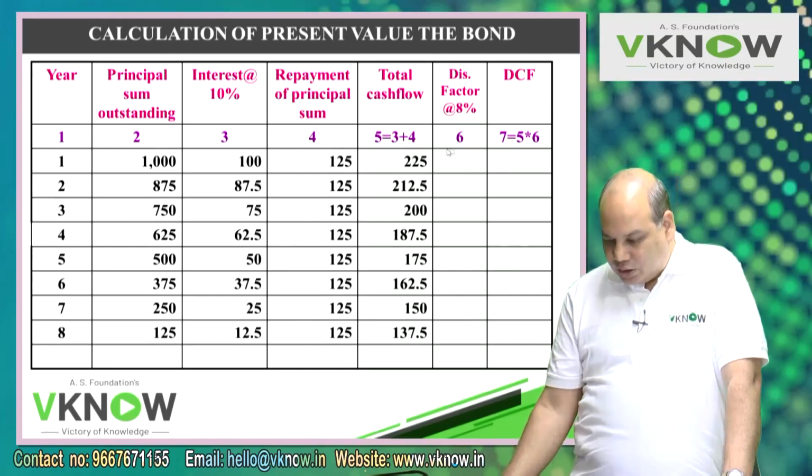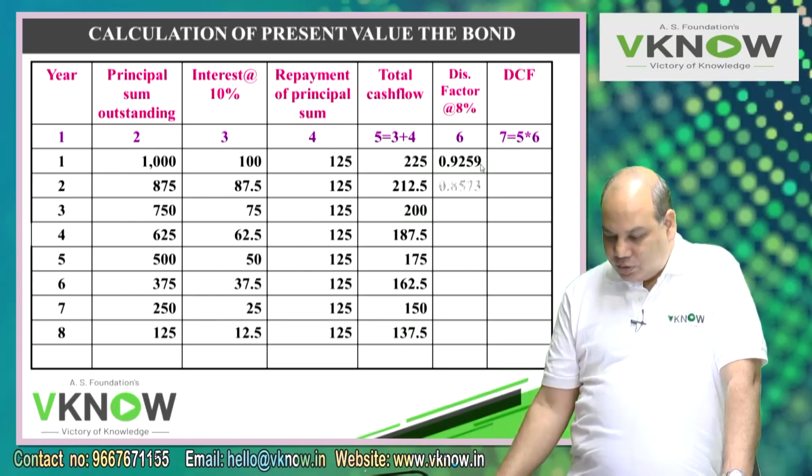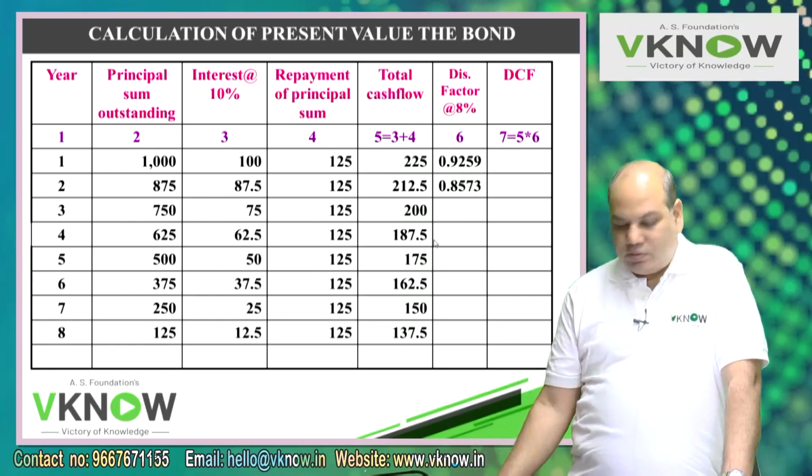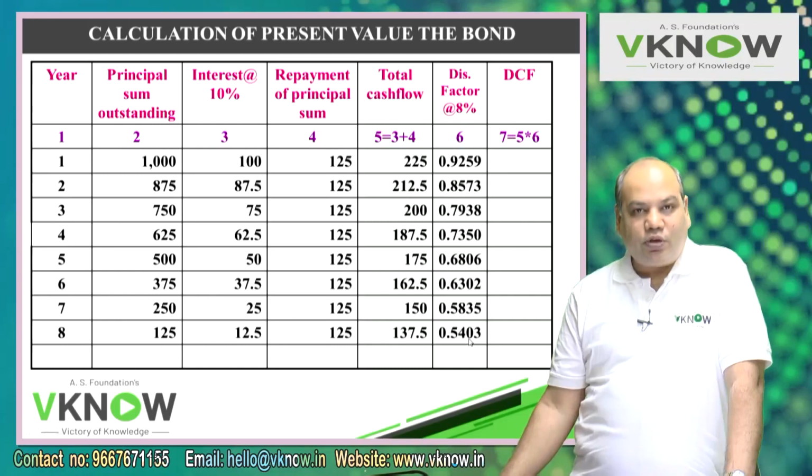Wait. Now you tell me the factor. 1 divided by 1.08, 0.9259. Just keep pressing equal to. 0.8573, 0.7938, 0.7350, 0.6806, 0.6302, 0.5835 and 0.5403.